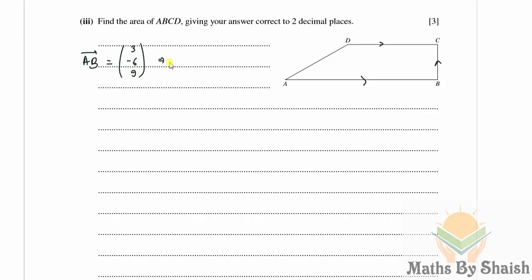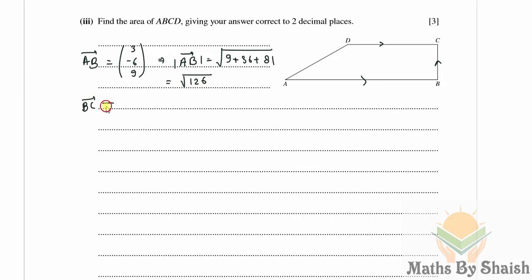So from here we can get the magnitude of AB vector, and that is going to be square root of 3 square, that is 9, plus 6 square, minus 6 and 6 both squares are going to be same, that is 36, and plus 9 square is 81, so it becomes square root of 126.